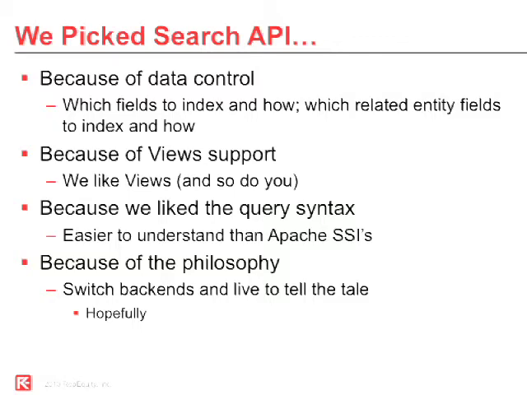I found the Search API's query syntax to be a little bit more like Drupal's dynamic queries for doing a database query. Pretty simple, easy to use. I think the SSI query syntax is maybe a little bit more complicated. It's just a personal thing. And the philosophy, being able to switch out the backends is great, and hopefully it'll work okay if you ever need to do that.